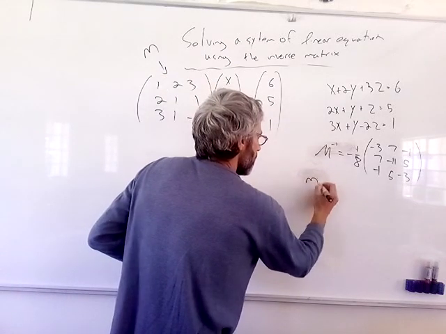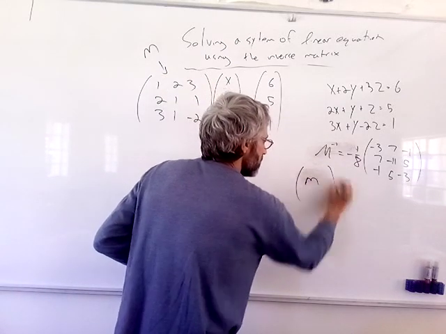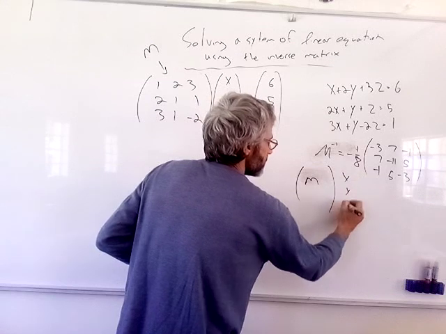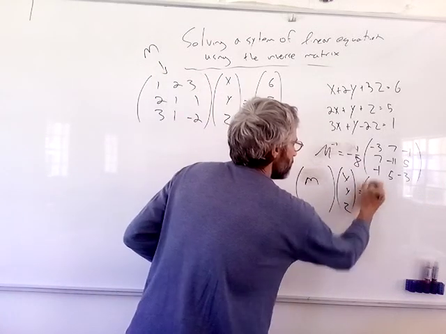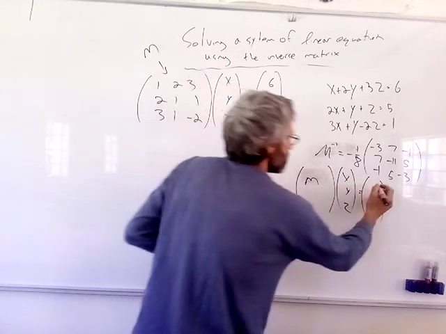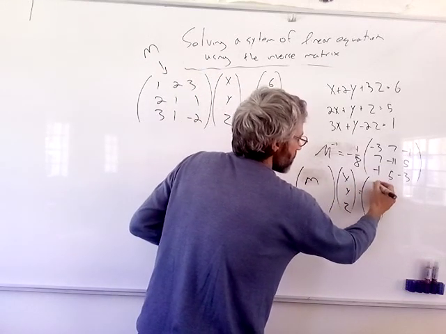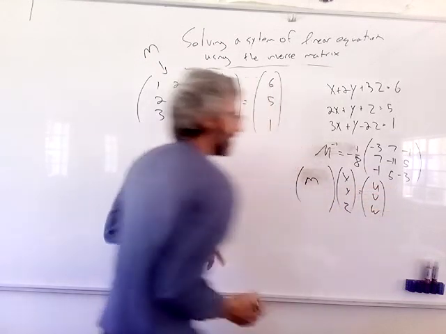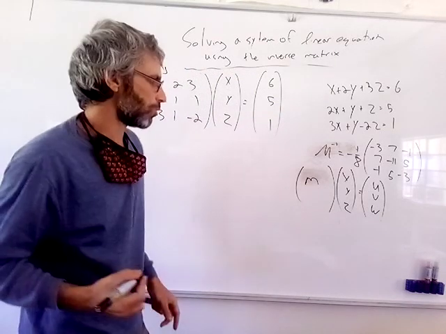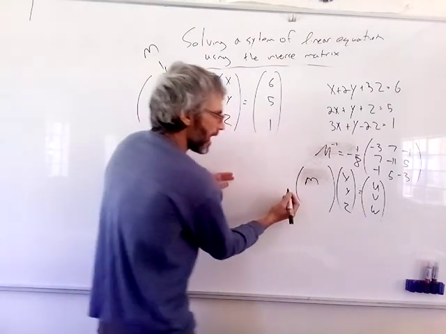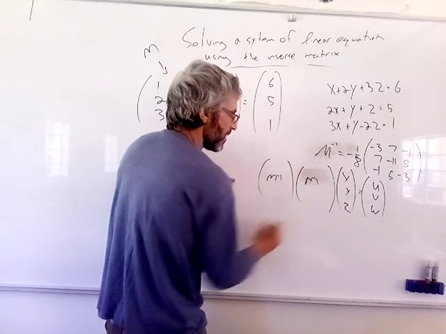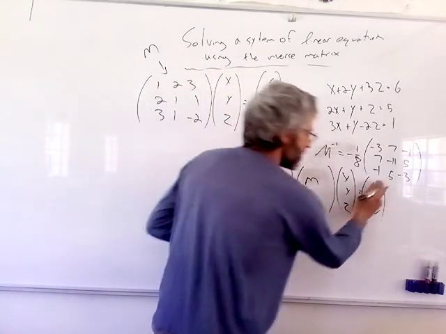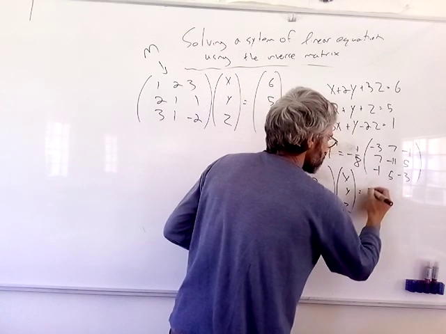I've got matrix N times x, y, z, the vector of variables, equal the vector of solutions, and I'll call that u, v, w, just generally. I want to make a general rule. Now if I multiply by N to the minus 1 on this side, then obviously I need to multiply this by N to the minus 1 as well.